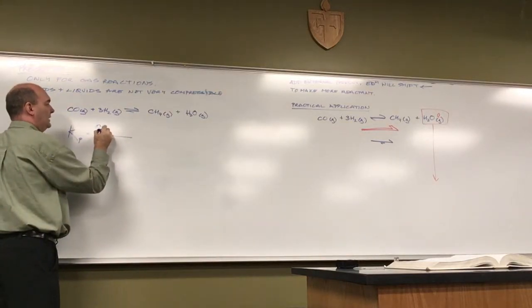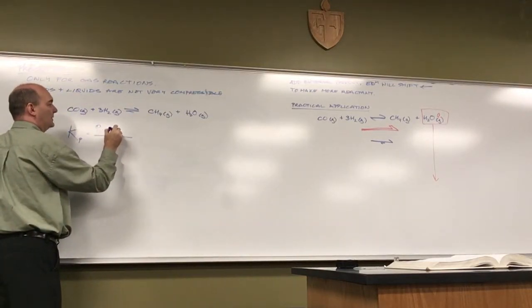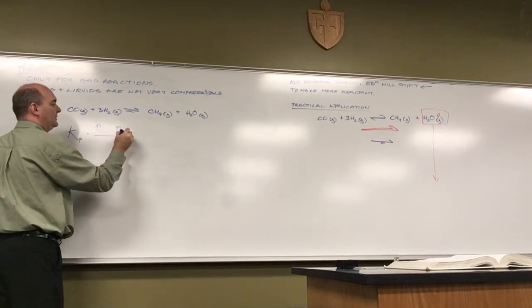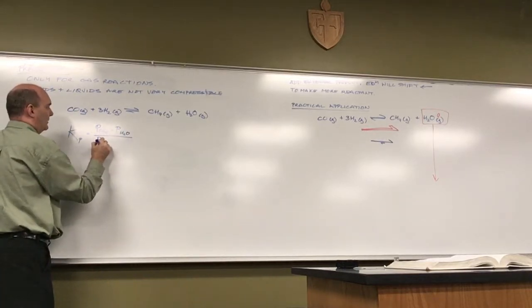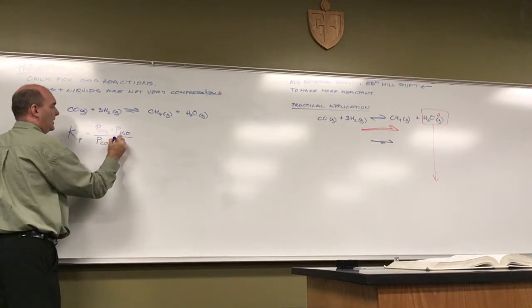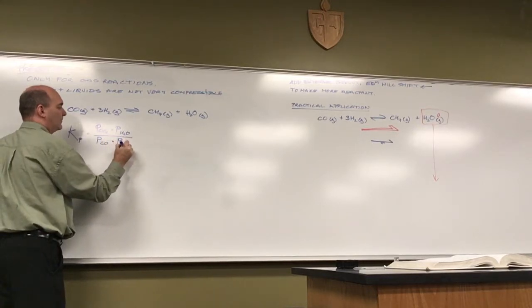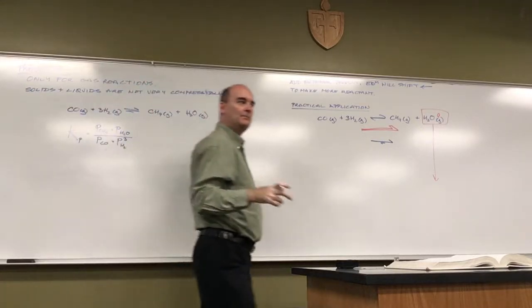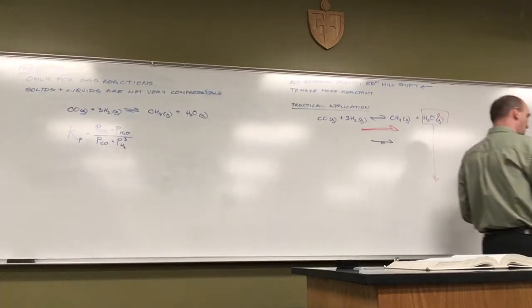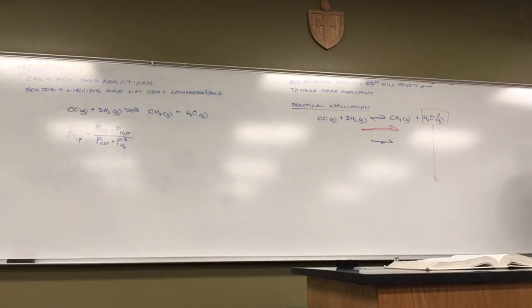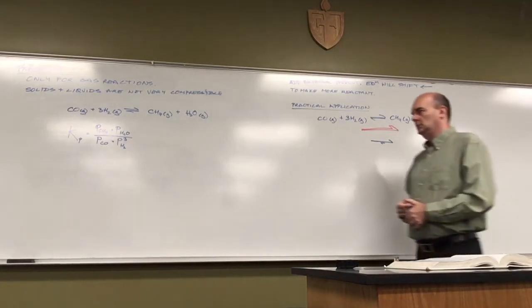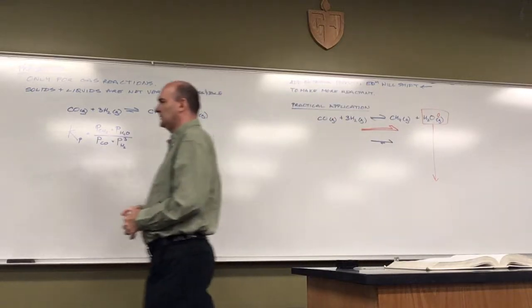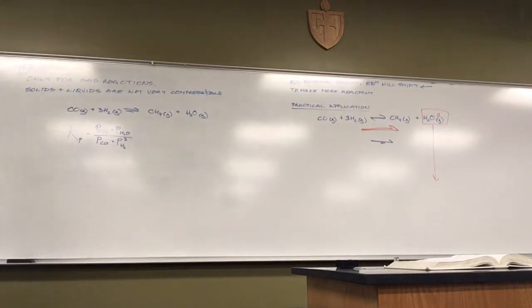So I've got a P CH4 times the P steam, divided by the P CO times the P hydrogen raised to the power of 3. If I change the pressure in this equilibrium system, do both sides of the equation feel the pressure change the same way?